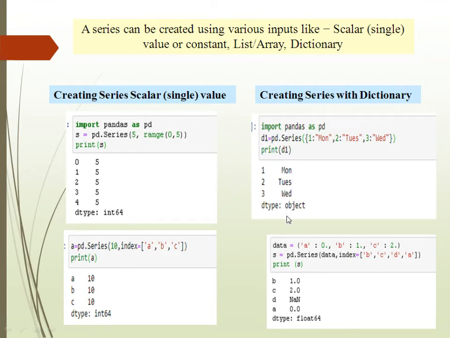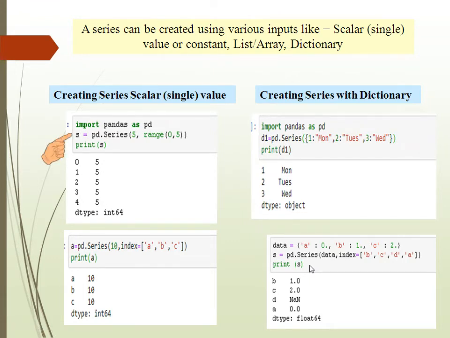The series will be printed here. See what happened: the index numbers are automatically changed to 1 to 3. So Series is very smart. It will take your keys as its index numbers and your values as its values. Clear?